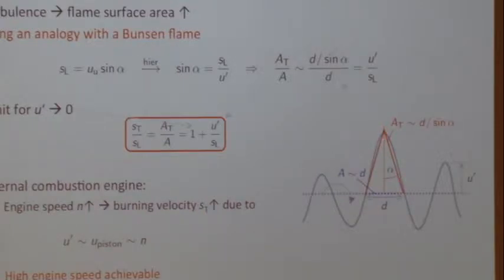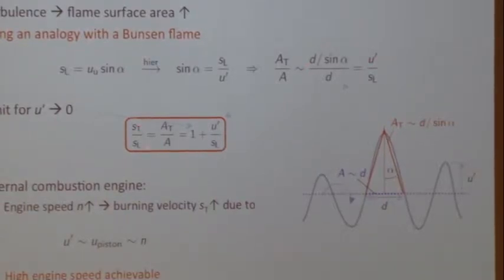So I could say AT, so if I approximate my turbulent flame here with a little Bunsen flame, I could say this area here divided by this area, the nozzle area for the Bunsen flame, is the same as U, the incoming velocity, over SL. And because U prime is proportional to the incoming velocity, you could say AT divided by A is proportional to U prime over SL.